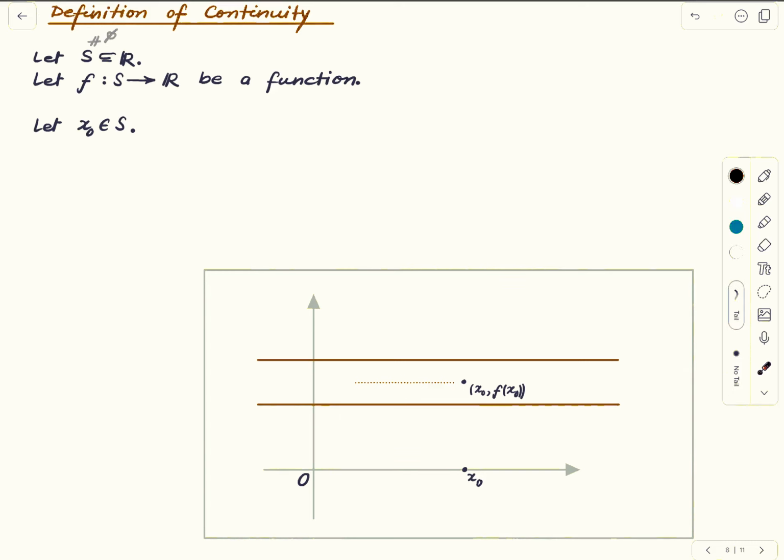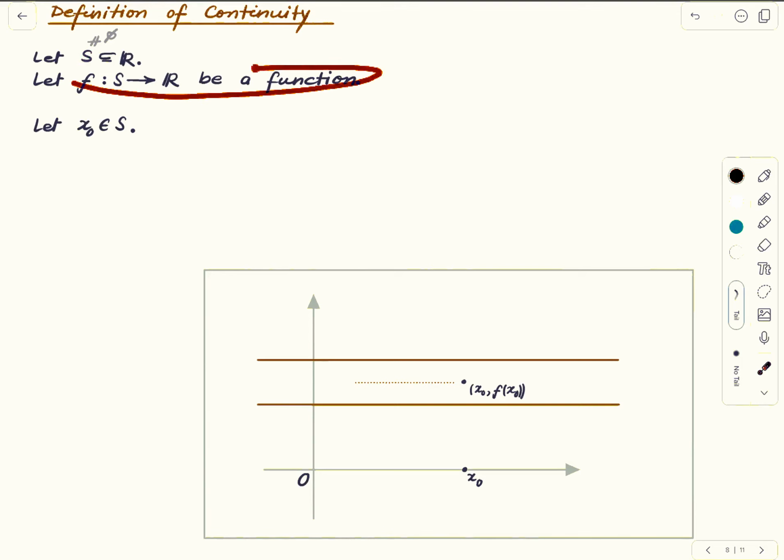And for the sake of understanding, you should take S as all real numbers or an open set or something. But the definition will be very general, and it is important that the definition be very general. When we go to general topology in some other lecture series, this generality will actually be very, very useful. So let's not restrict ourselves to just nice sets here.